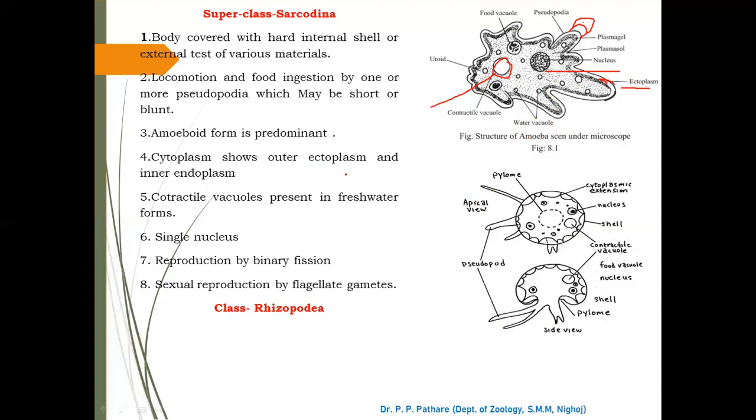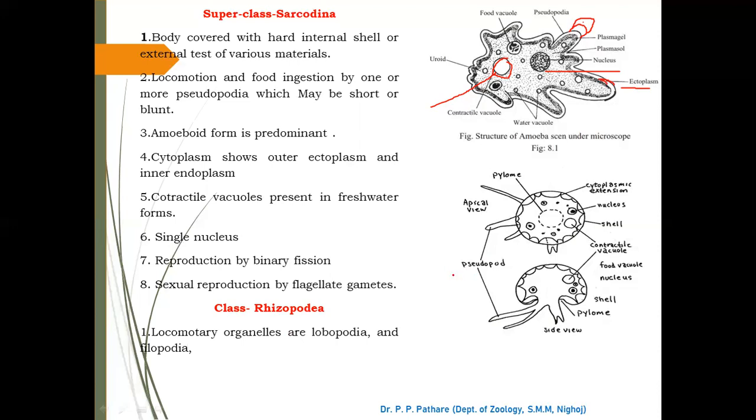Next one is class Rhizopodea. Locomotory organs are lobopodia and filopodia. This is a very important thing we are observing in this class.